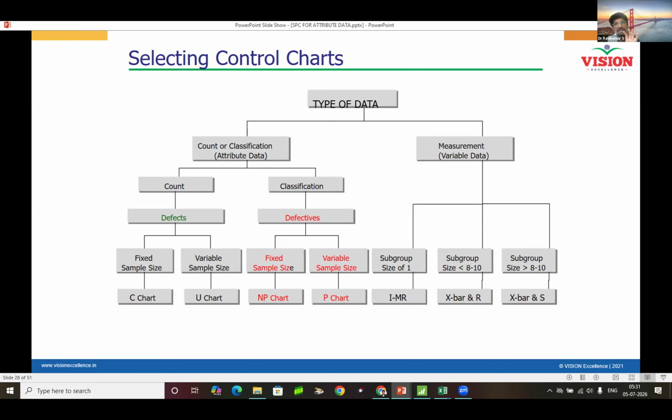If they are inspecting only 1%, that is not a good choice because it is not a real representation of the population. The population is 1,000, but they are checking only 10. So obviously it is not a real representation of the population. But the sample which you are choosing must be a real representation of the population.